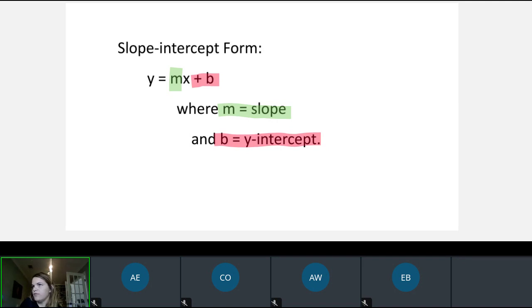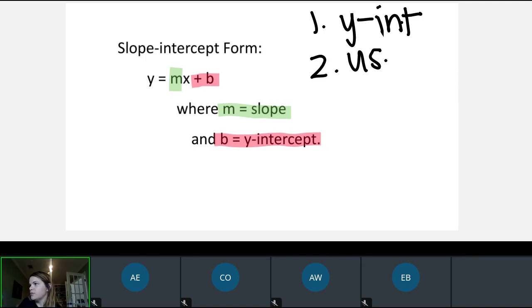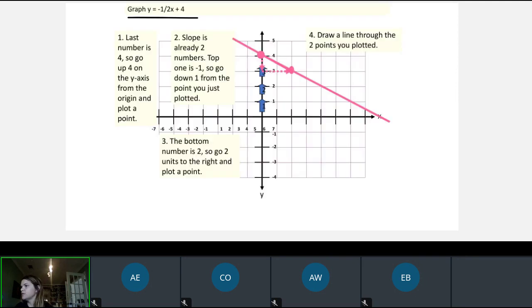Okay, so if we're going to graph, step 1 is to graph the y-intercept. Then we're going to use our slope to graph another point. So let me show you what that looks like.